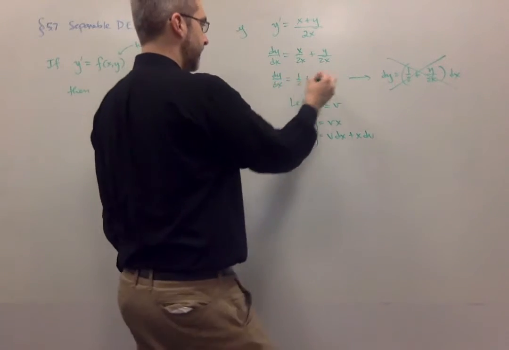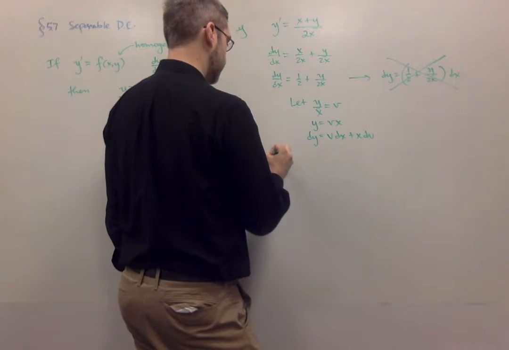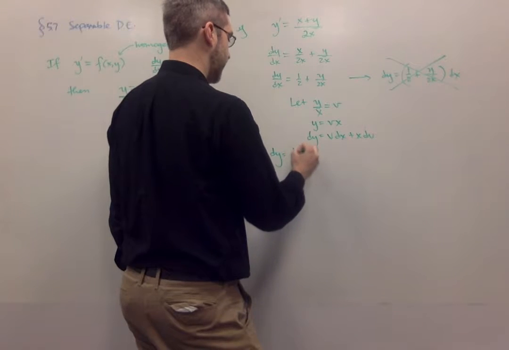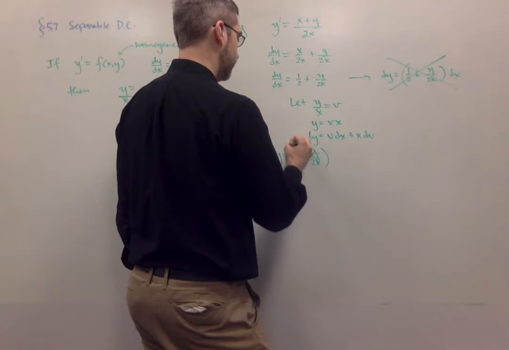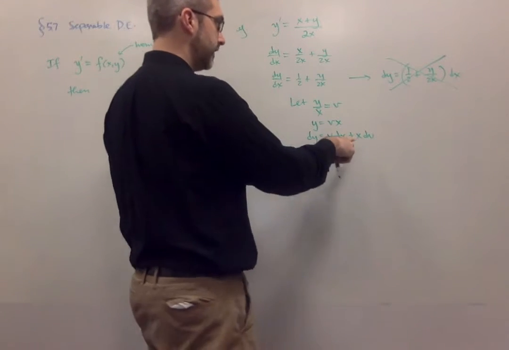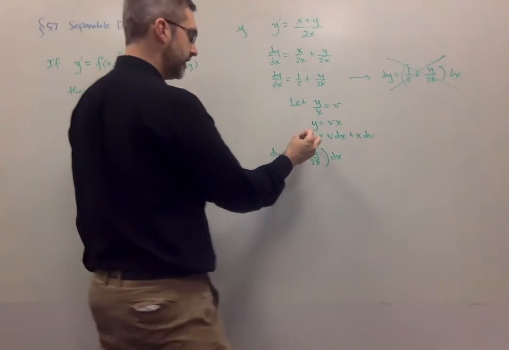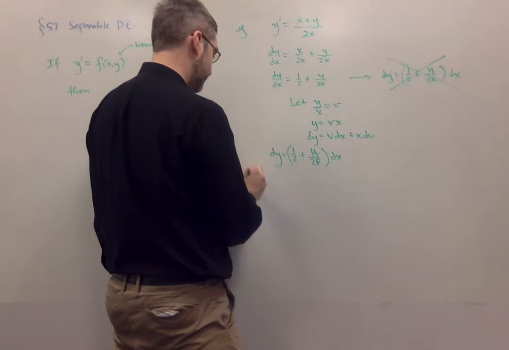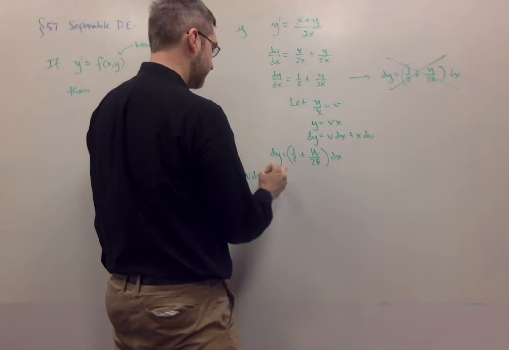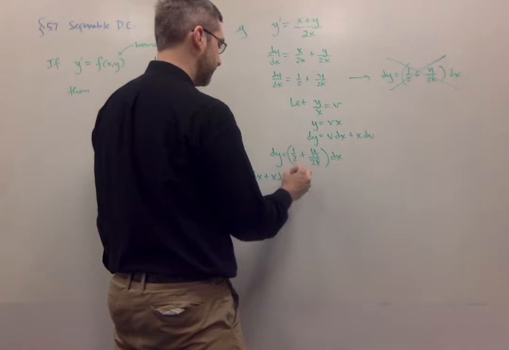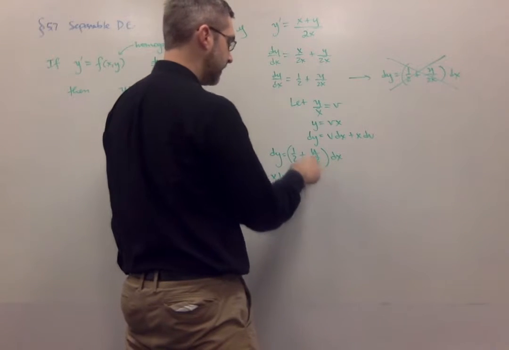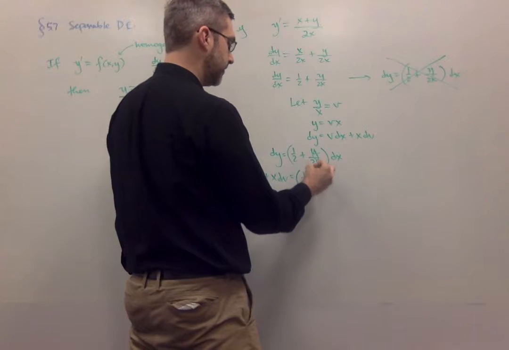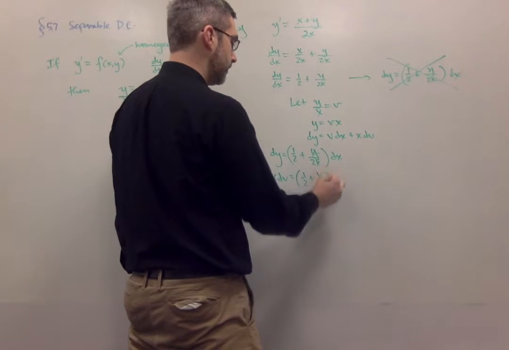Then what we're going to get here, so dy is 1/2 plus y over 2x dx. So what I'm going to do here is for the dy, I'm going to substitute in v dx plus x dv. And over here, I'm going to have 1/2 plus that y over x becomes v. So v over 2.